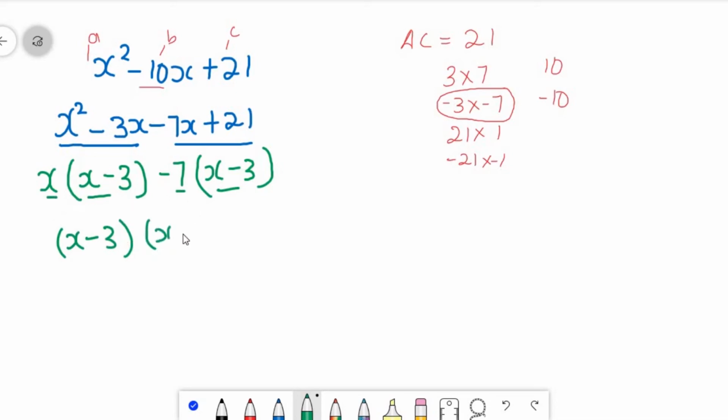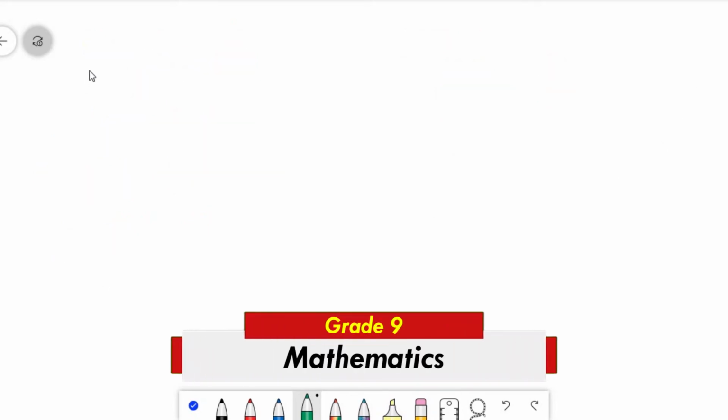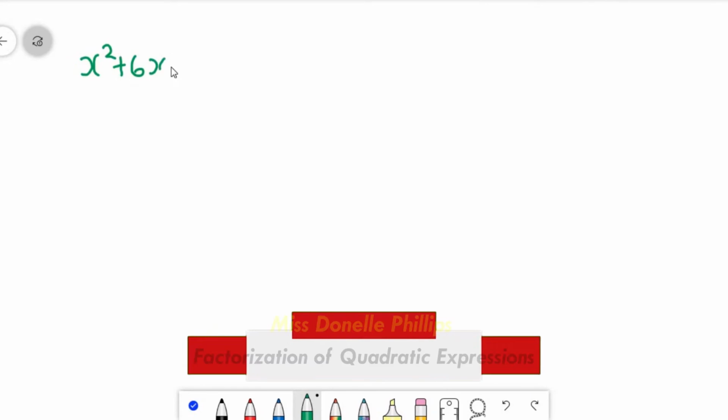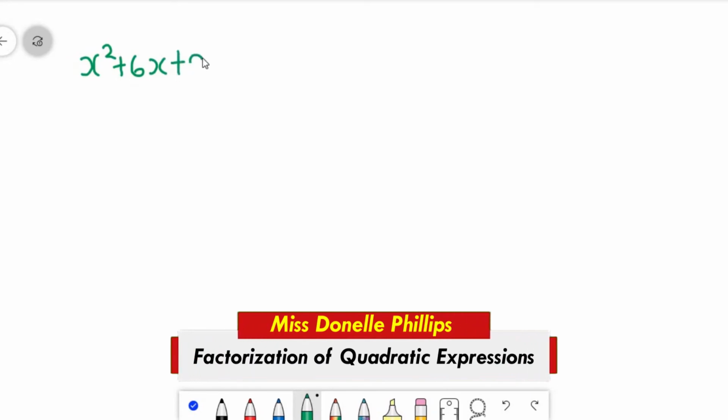So this would be x minus 7. So when we factorize this quadratic expression, x squared minus 10x plus 21, we get x minus 3 and x minus 7.